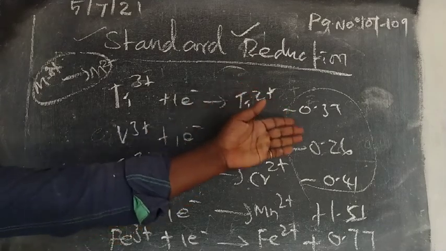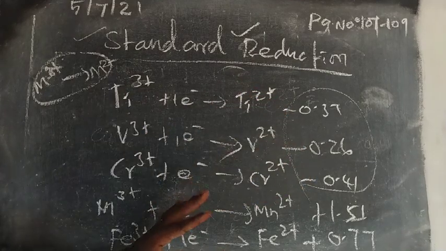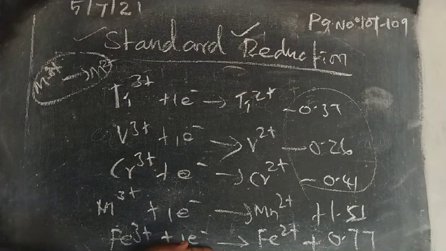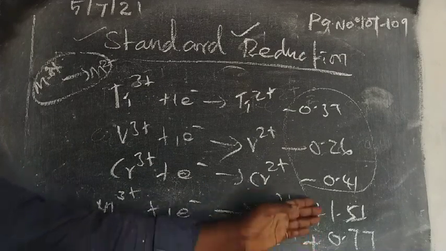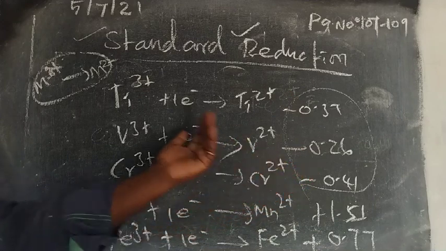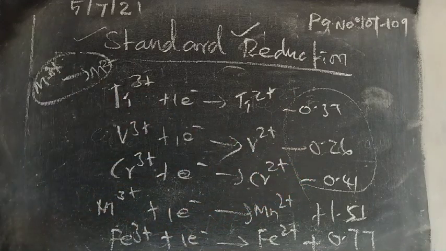When we get a negative value, that is only a stable reaction. The other reactions will not be stable because we need to supply energy. Minus means the reaction liberates energy, and liberating energy is the only stable reaction.